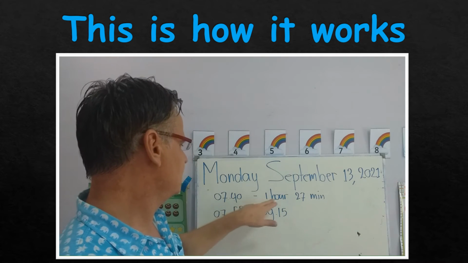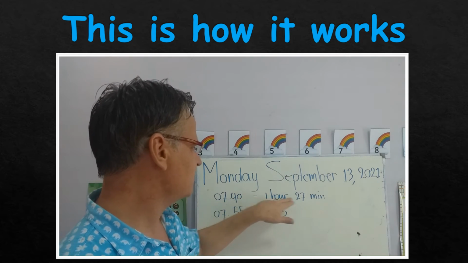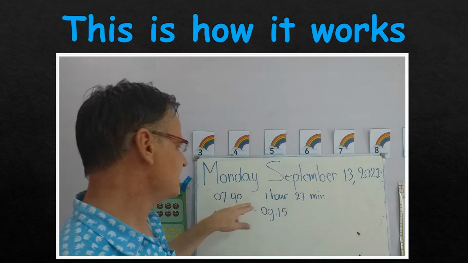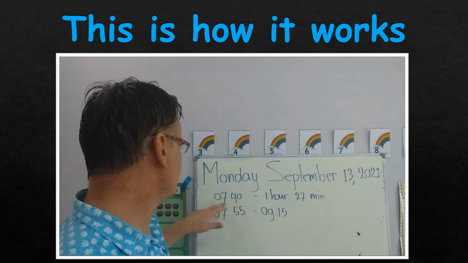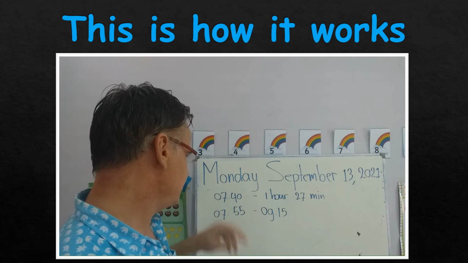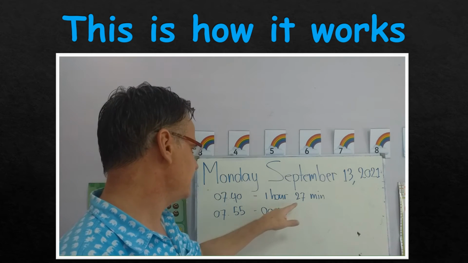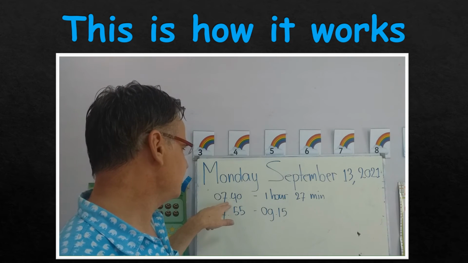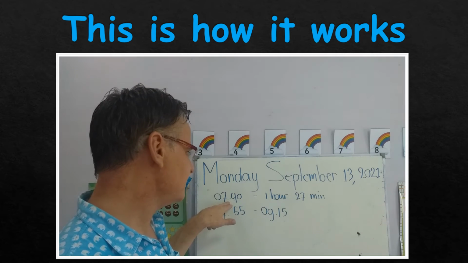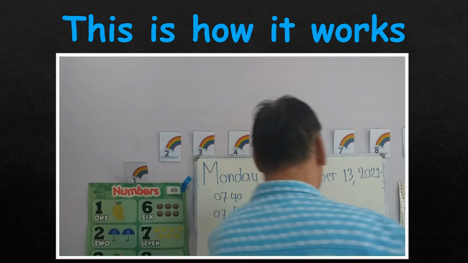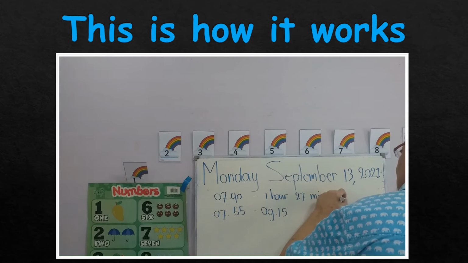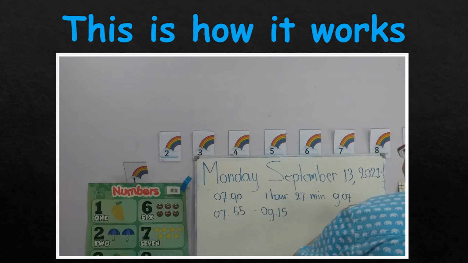So 7:40 plus 1 hour and 27 minutes is the time that she arrived. So 7:40, 8:40, and then 27 minutes. So what time did Sally arrive? Sally arrived at 9:07.